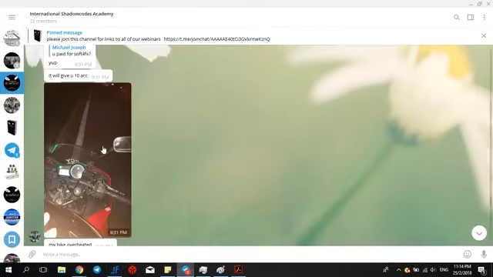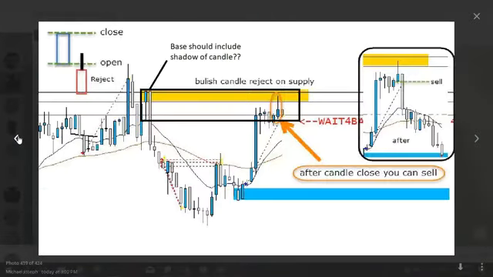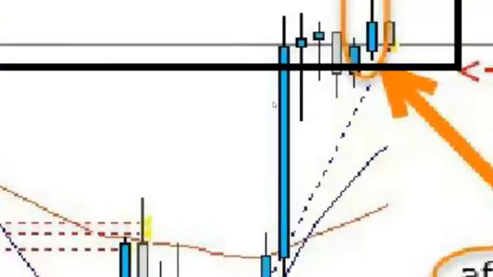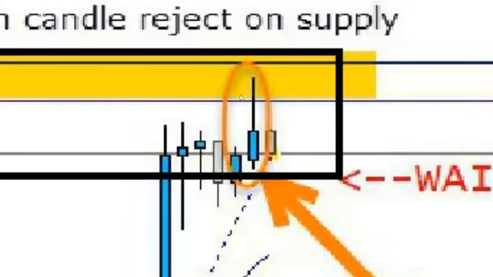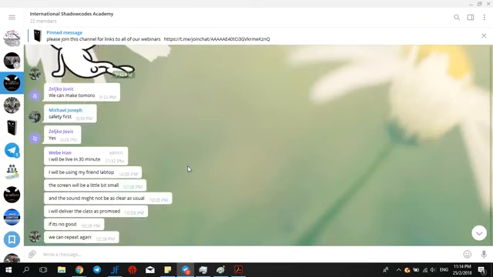So the one that Zelco enters when you get a rejection like this, you will have a bearish engulfing here, which makes this rejection. When it closes, it already shows a bearish engulfing. This is a bull candle and a bear candle, which makes this possible. This kind of pattern, this wick, is actually candle blending.